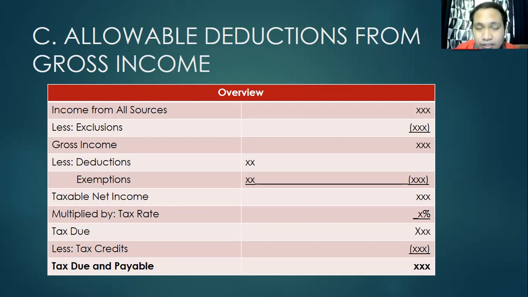So, ililess natin yung exclusion for us to arrive at the gross income. So, yun muna yon. So, di ba, by definition of gross income, all income from whatever sources. But we have to exclude yung mga items ng income na excluded by law or by treaty or special rules, di ba?